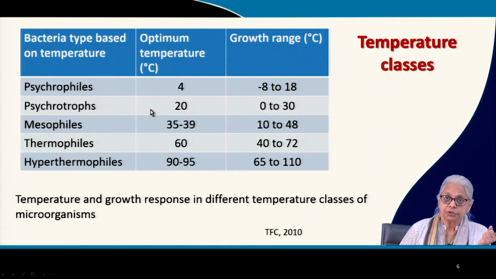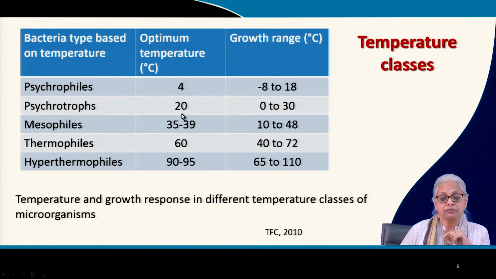When you put it in the fridge, even if these bacteria are present in the food, they will not be able to multiply. That does not mean that bacteria do not exist in Arctic or Antarctic regions. Those are psychrophilic or psychrotrophic bacteria. Psychrophilic bacteria have an optimum temperature of 4 degrees centigrade and a growth range of -8 to 18 degrees centigrade.